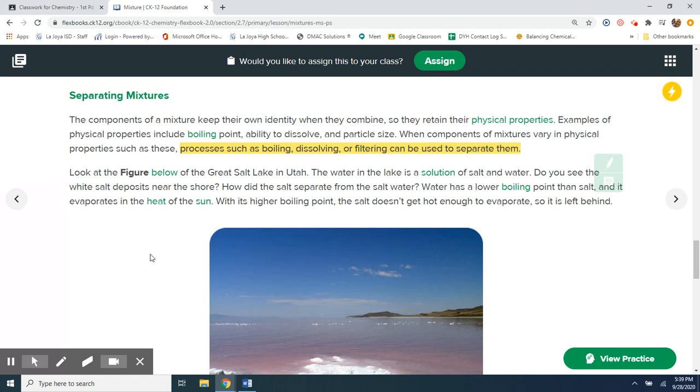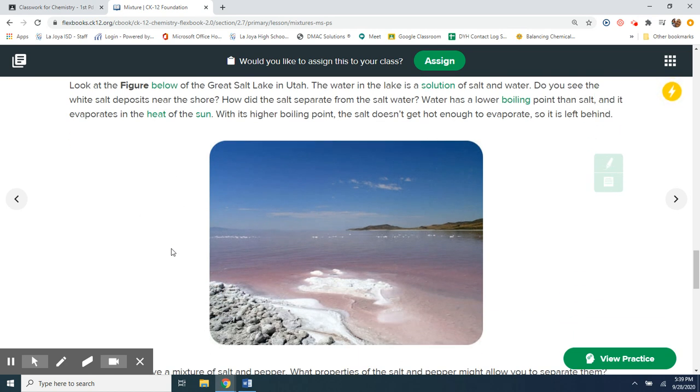Here we have a picture of the Great Salt Lake in Utah. Obviously, you can see that the shore has white salt deposits. Now, why do you see that? It's because every time it rains, that level of water will increase. And since Utah is really close to the desert, it can get really, really hot at times, evaporating some of the water.